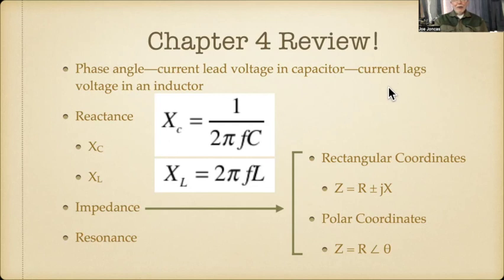Now, there are two formulas, and these ones everybody really needs to know. The reactance, which is X sub C of a capacitor, is 1 over 2 pi FC. So as you increase the frequency or increase the capacitance, because it's inverted, the reactance goes down.